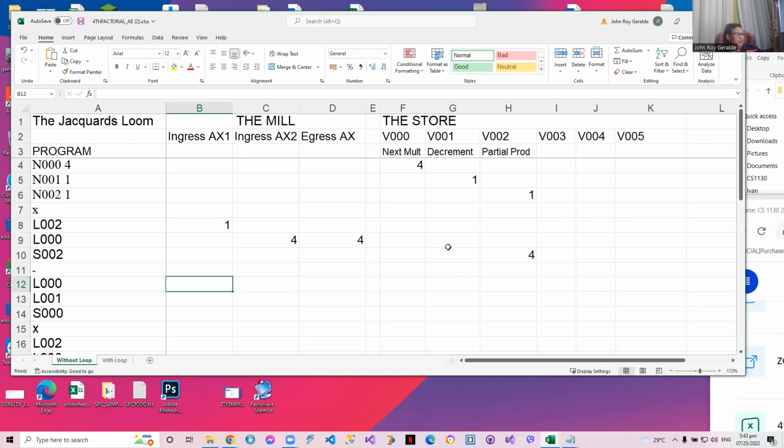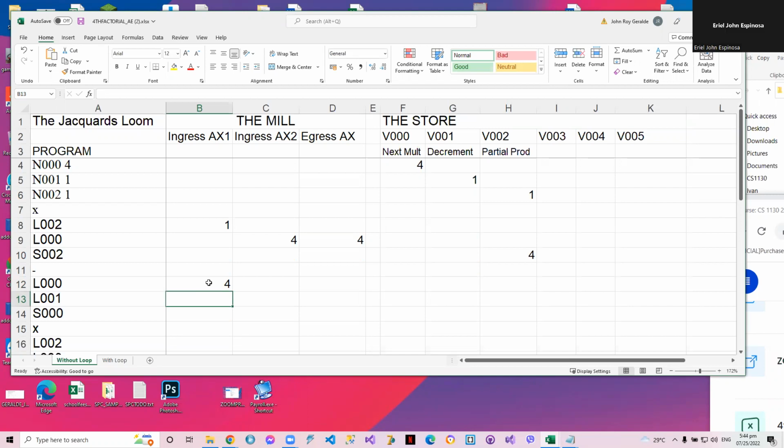Ingress axis 000. Ito kukunin natin dito sa 000. What's the last value of 000? 4. Do you follow? 4 kasi ito nga. L000, so itong si 000 papunta sa ingress axis 1. Do you follow?